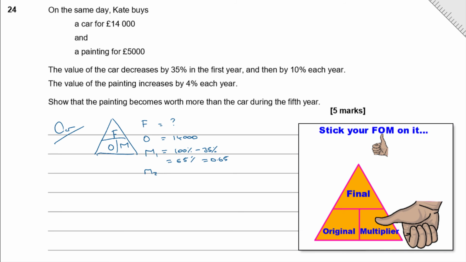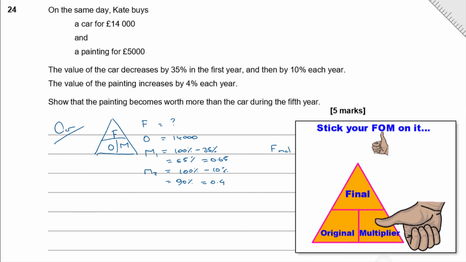And for year 2 and subsequent years, it's going to be a 10% decrease. So that's 100% minus 10%, which is 90%, which is 0.9 as a multiplier. Okay? So then my final amount is going to be my original times my multiplier. But I've got more than one multiplier to apply here.